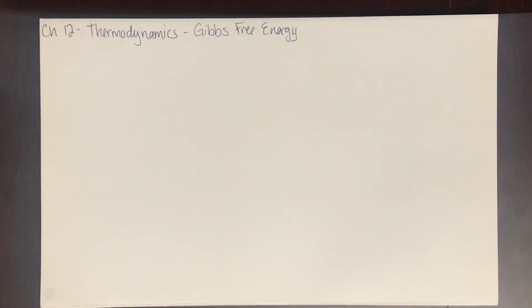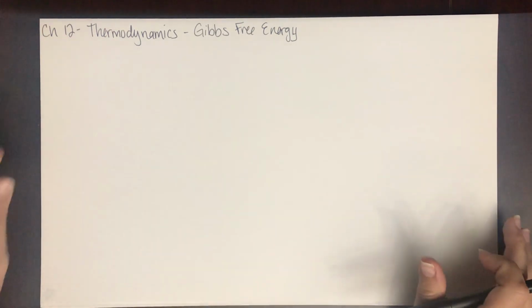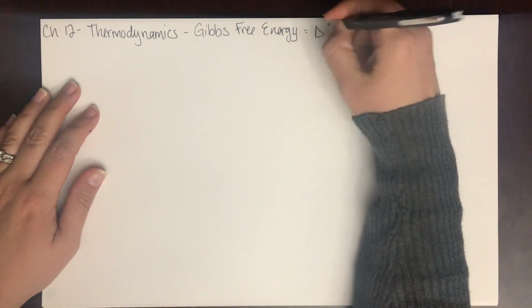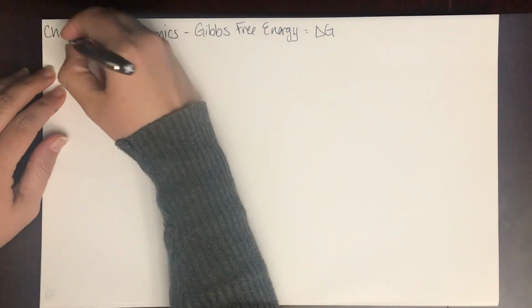Okay, so we're going to talk about the last of the variables when it comes to thermodynamics, which is Gibbs free energy. Gibbs free energy is delta G. What free energy is talking about is whether a reaction is spontaneous or not.